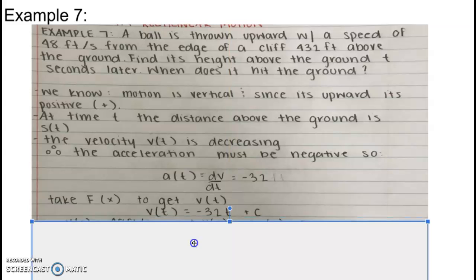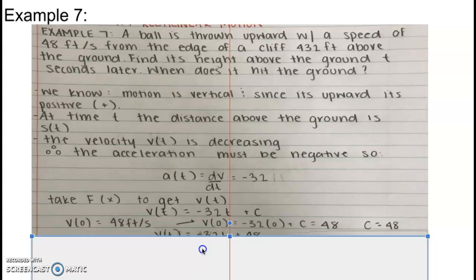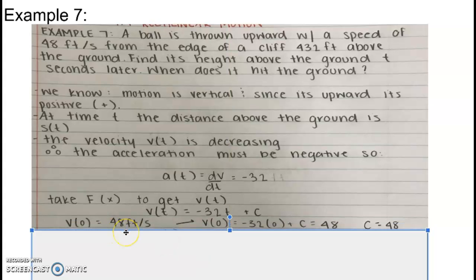And this is the easiest one, so you just do v of t equals negative 32t plus c, our constant. And we know that v of 0 equals 48 feet per second. So v of 0 equals negative 32 times 0 plus c, which then gives us c equals 48.